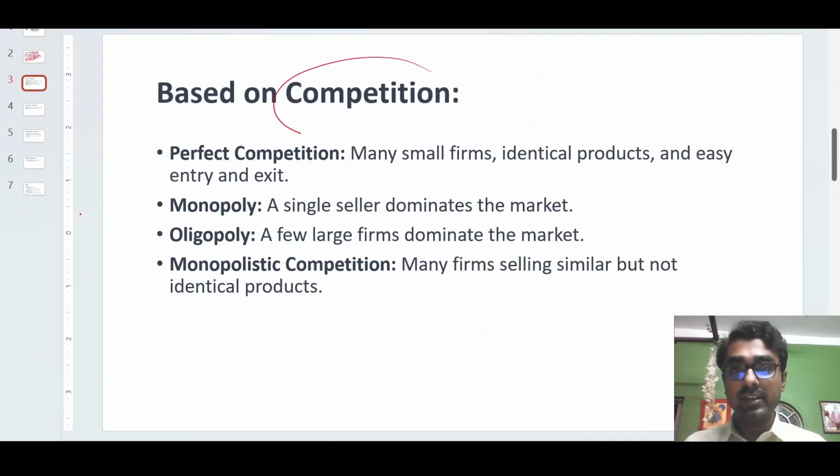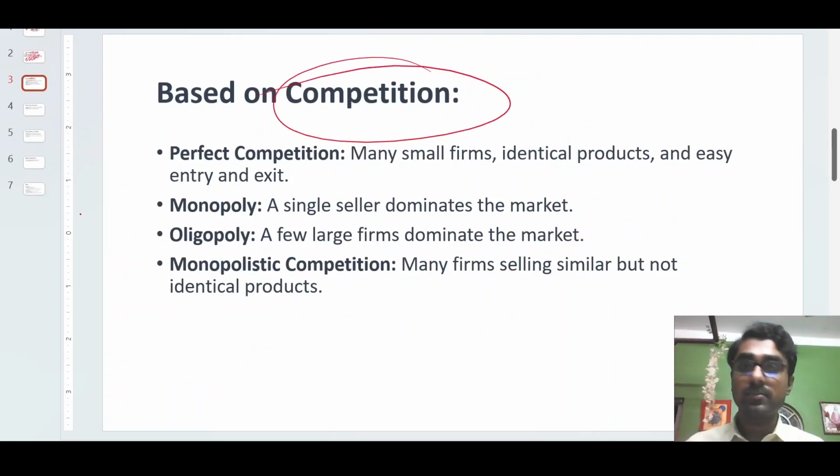Next is based on competition, which is very important. This is a concept from microeconomics. Competition means competition between companies in a particular market. On the basis of that, the first type of market is called perfect competition.